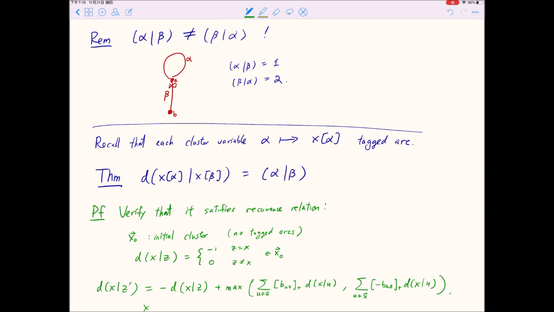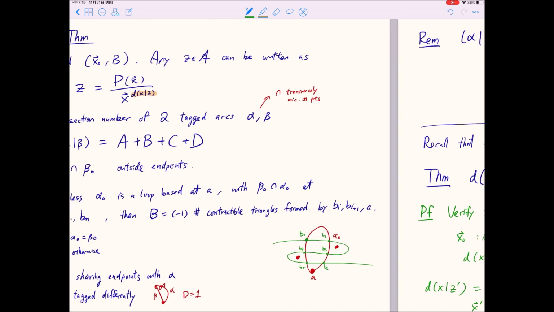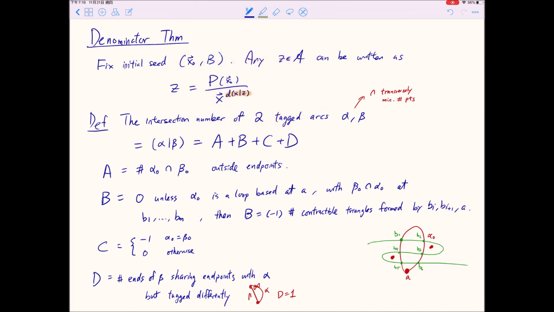Where the cluster we're interested in is the mutated one, where you replace Z by the new variable C prime. Here I should write that x is a vector, where the xi are the initial variables.